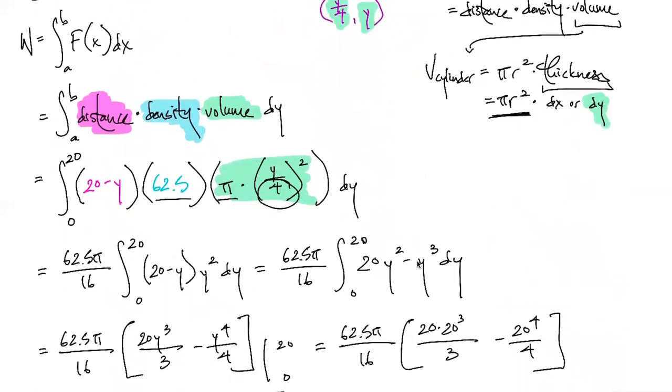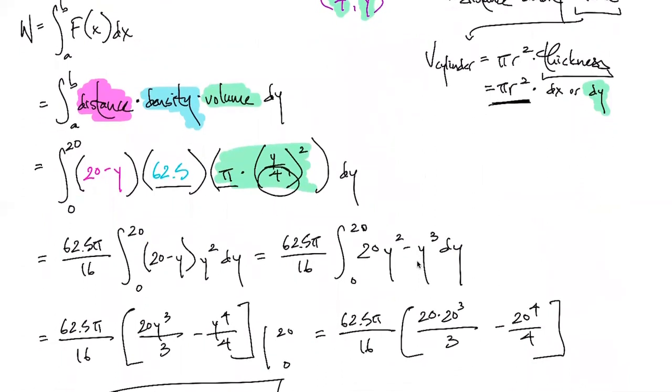At the end of class, we were able to set up our actual integral. So we knew that we had to integrate distance and density and volume, that product. And even though there were a lot of different terms, a lot of the constants we were able to pull out, and we ended up with actually just needing to use the power rule.